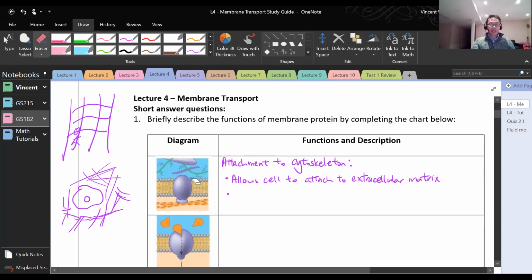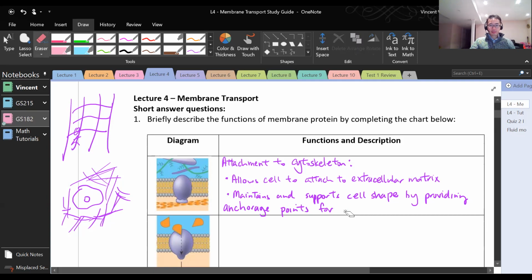Now, another function is that not only do you attach to the outside, you also attach to the inside. That would allow the cell to maintain and support cell shape by providing an anchorage point for the cytoskeleton, for actin, for example, and intermediate filaments.